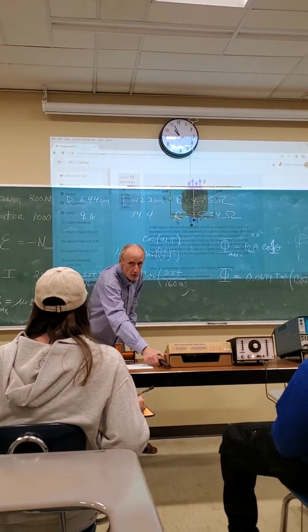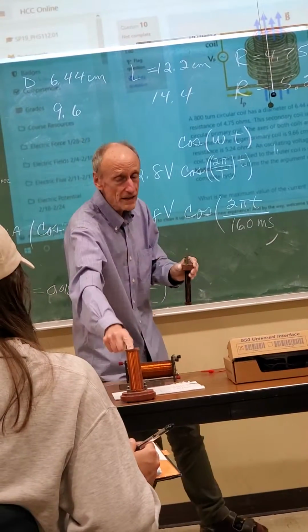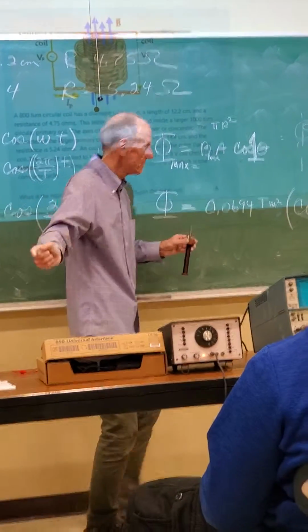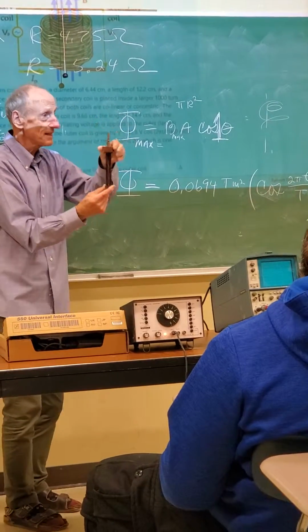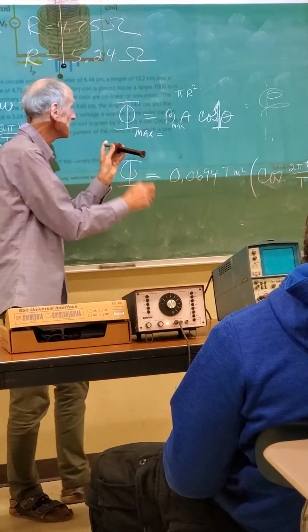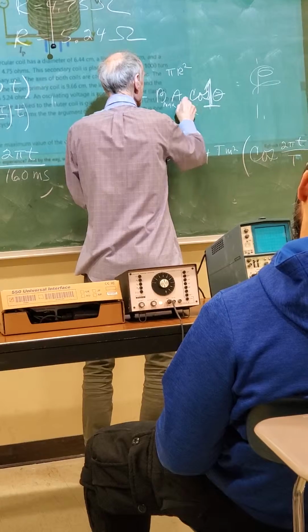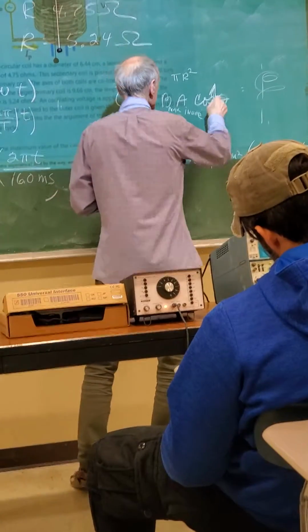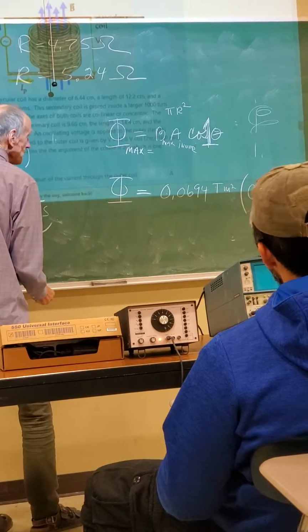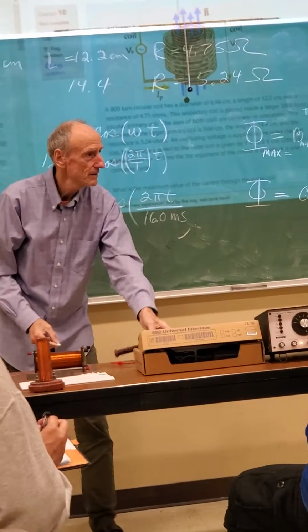You want the flux through the inner coil. We want to get the voltage output here. The field is from here, but we want the flux through this. So we have to use the area of this, because this is where we're getting the output. And that's just 1 because they're lined up. So this will be the flux through here.